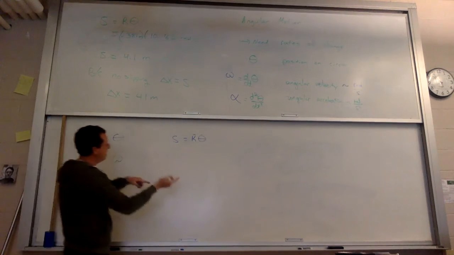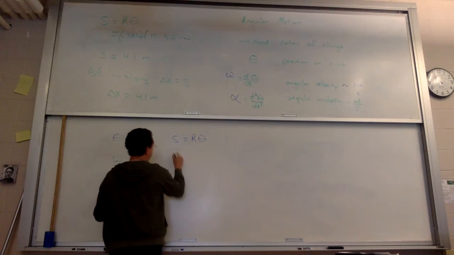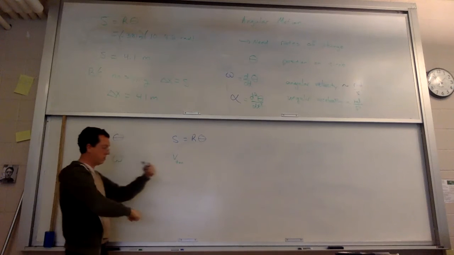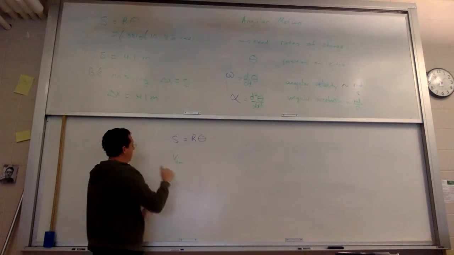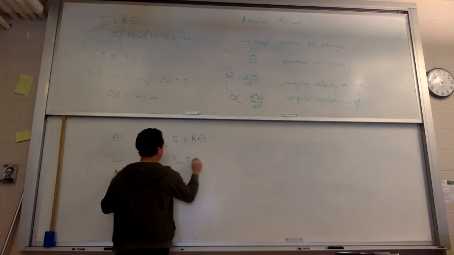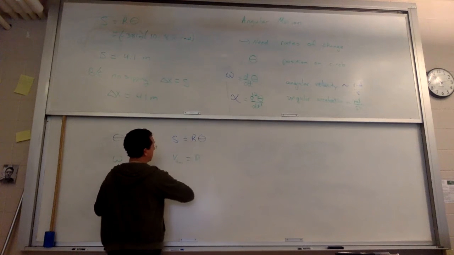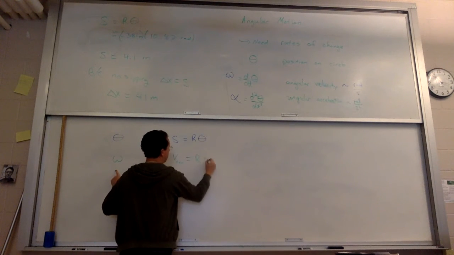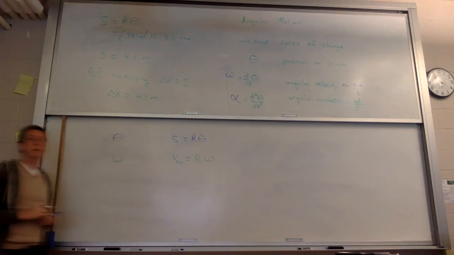And that would be analogous to or connected to the tangential velocity that a point on the edge of the circle would have. And the actual connection between them is, because R is constant, just take a time derivative of both sides, and you get R omega.